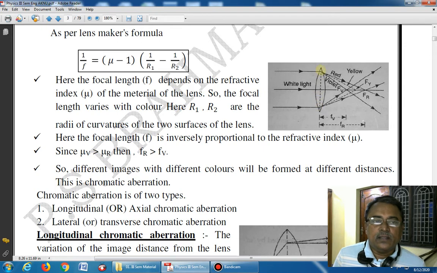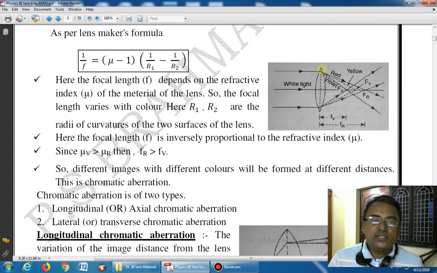Similarly, the other surface, that is the right side surface, also has a radius of curvature that is represented as R2. Here the lens has two surfaces, and because of that it has two radii of curvature. But in case of a mirror, the mirror has only one surface, and because of that it has only one radius of curvature.